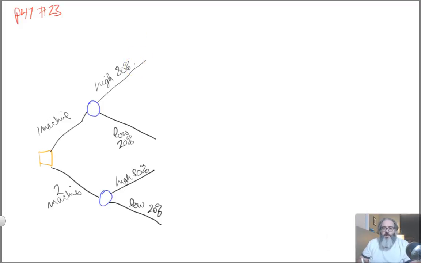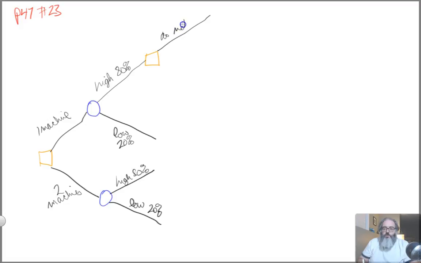Now, what's interesting here is with this problem, we now have another decision that we can make, which is up here, and that's what happens when the demand is high and we only have one machine. A few different things. First thing we can do is always do nothing.